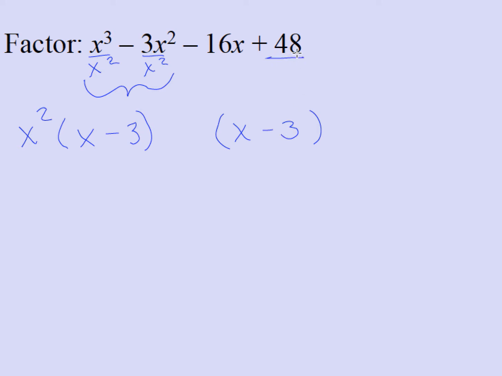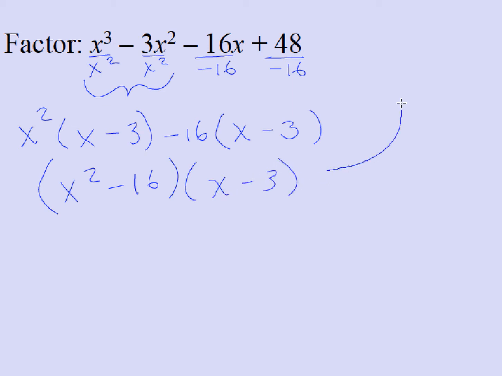So what number can I divide positive 48 by to get negative 3? Negative 16. This is negative 16. That makes this negative 16. Put these together, x squared minus 16, and a single x minus 3. If I multiply these out, I would end up back at that original problem.